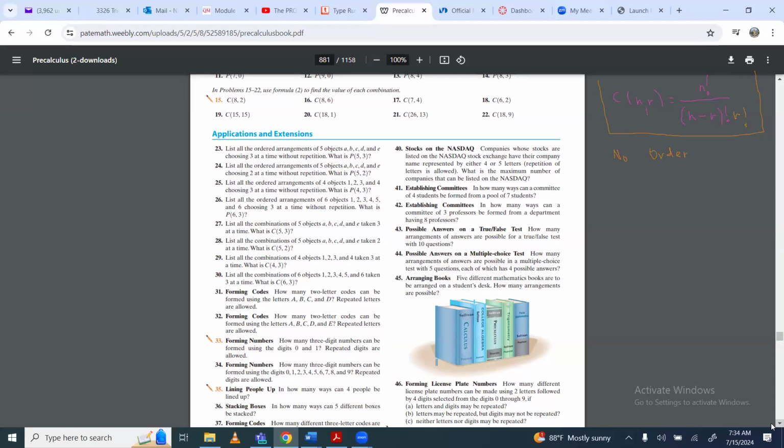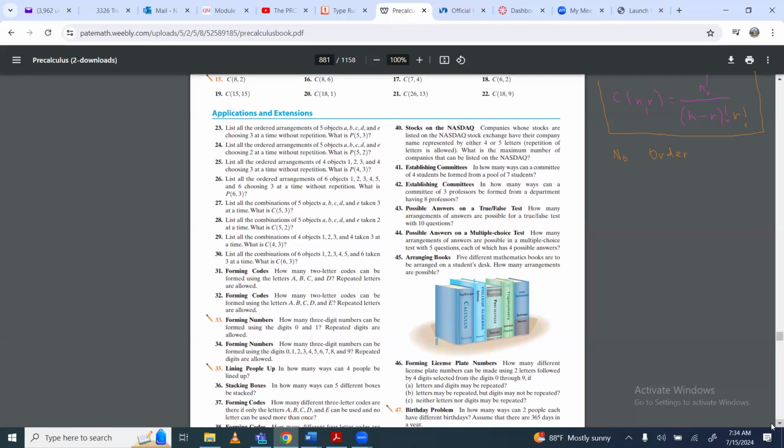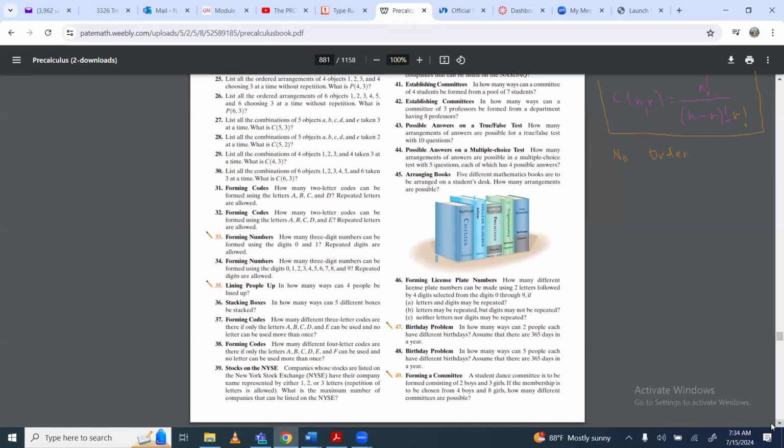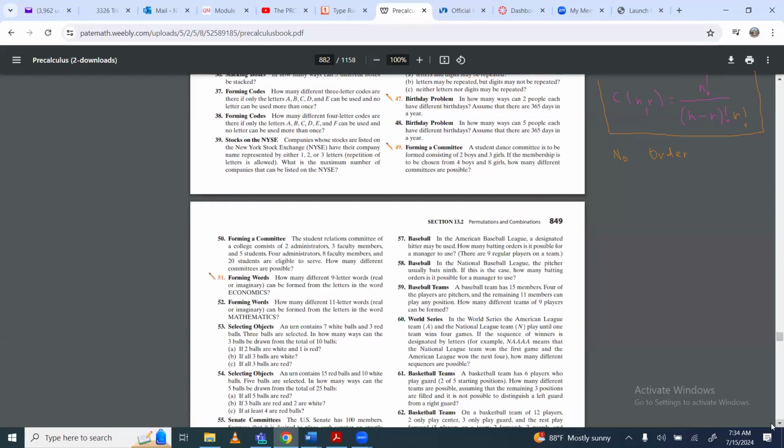Let me do an exercise. Usually examples are related to lottery games or things like that. Let me refresh, do one problem, and then we'll go to our last section.